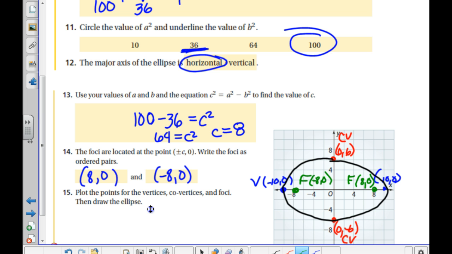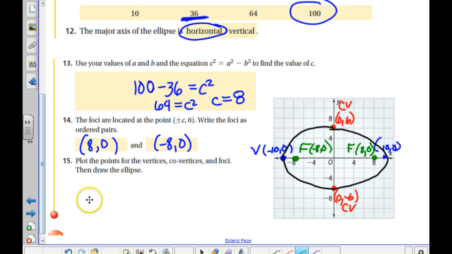Otherwise, I'm going to move on. C equals the foci. Yes. Got it. Anyone need more time?